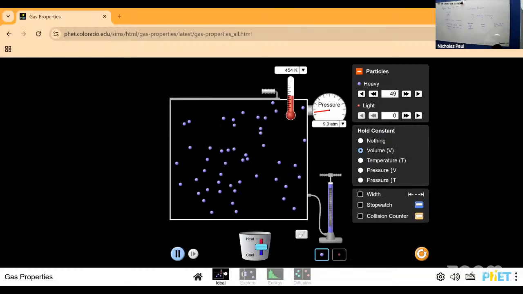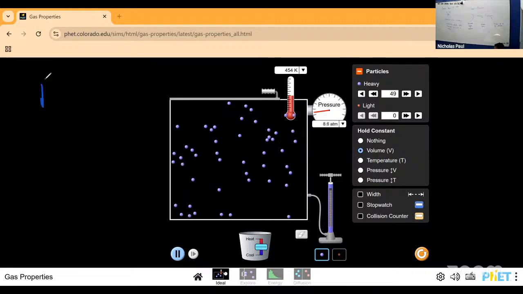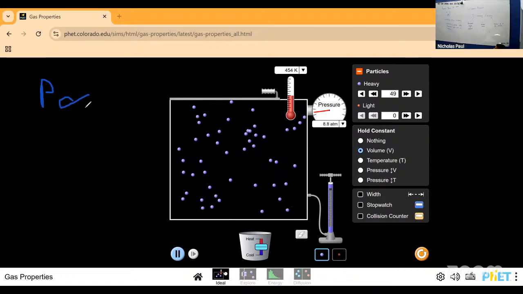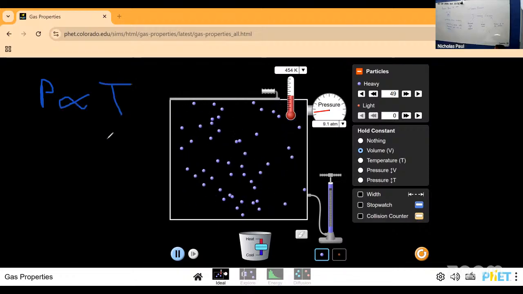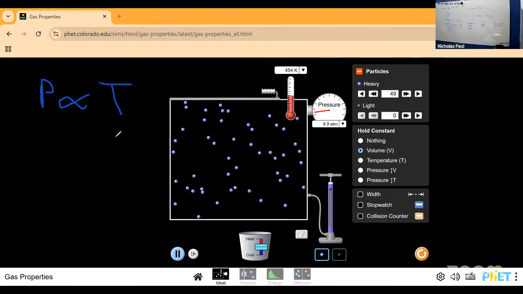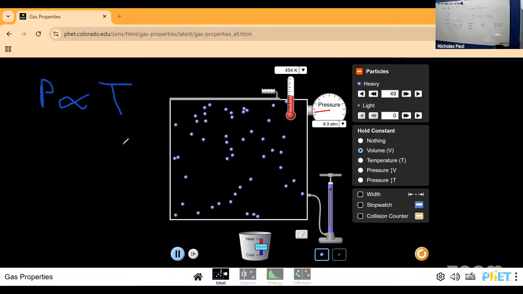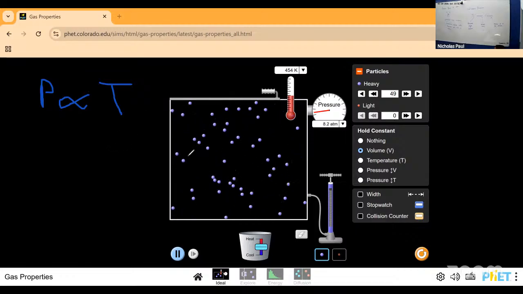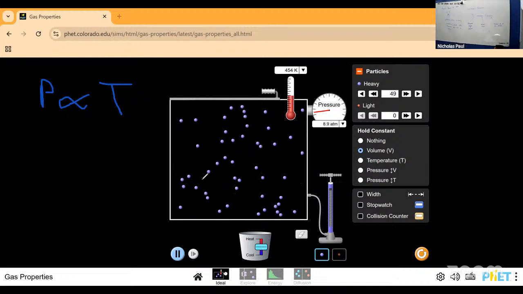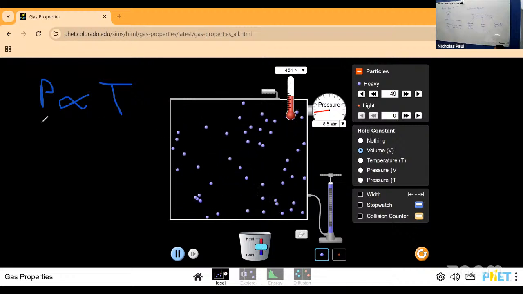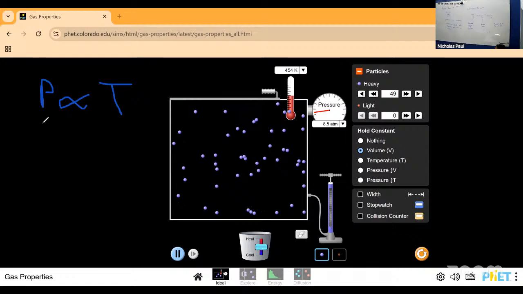So what does that mean? It means pressure is directly related to temperature. They are directly related. How do I write this as a formula?